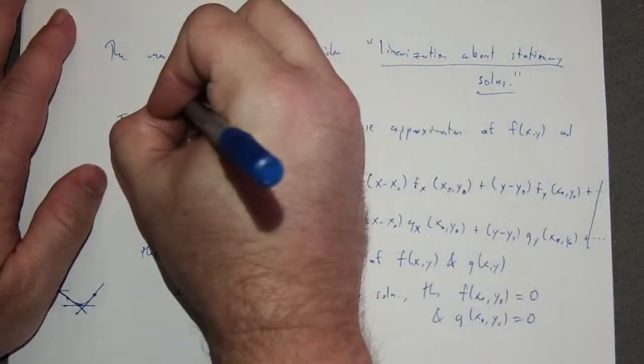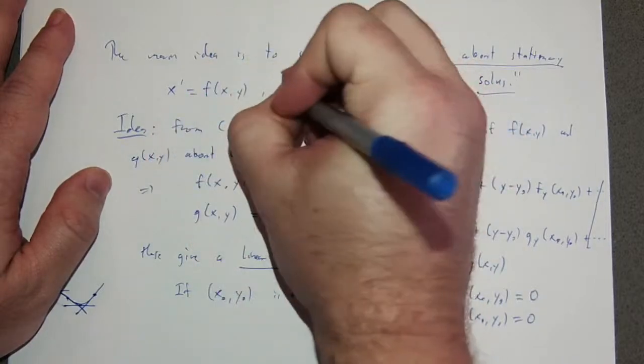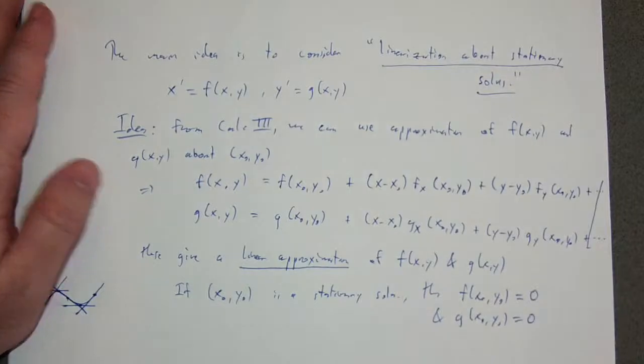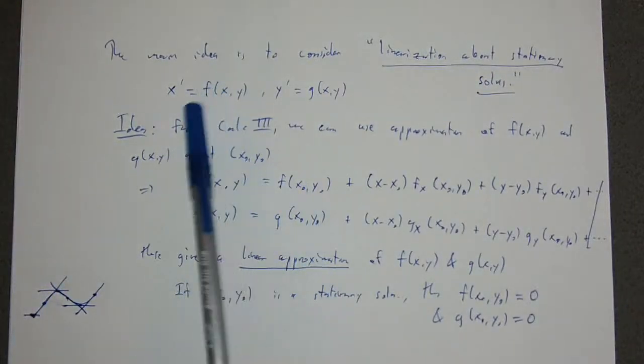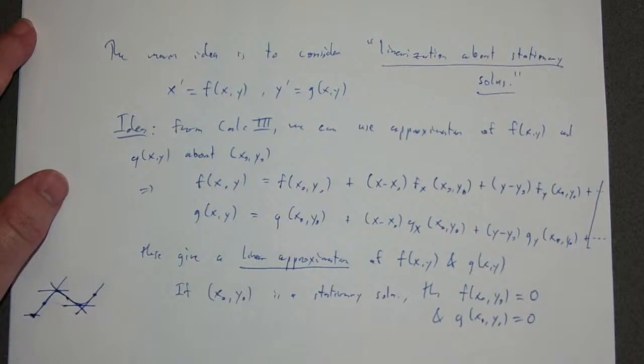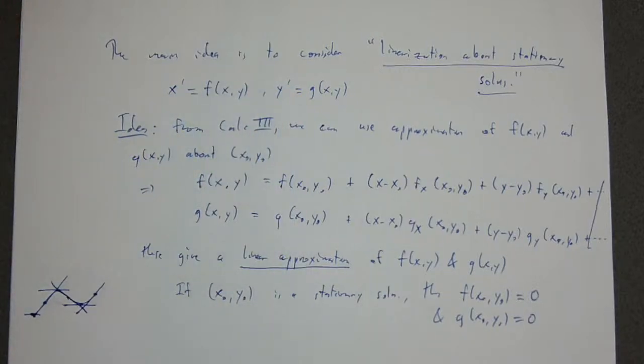Remember, the system in question looks like this. A stationary solution is a point x, y such that f and g are both 0, so that these derivatives are both 0.